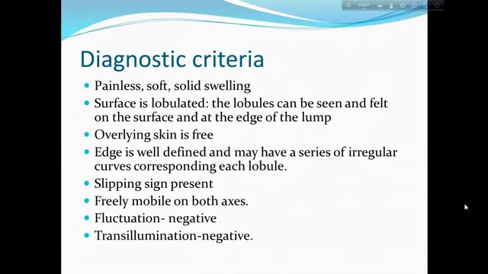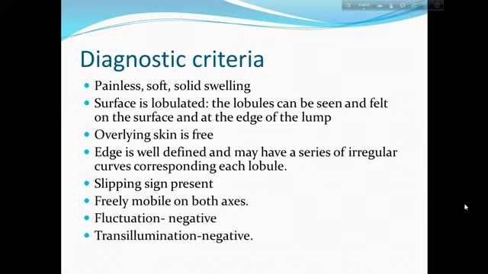Diagnostic criteria of the lipoma. Any short case is diagnosed by four steps: first inspection, palpation, percussion, and auscultation. So first, the most common sites where lipoma is present are mostly the back, trunk, neck, and limb.